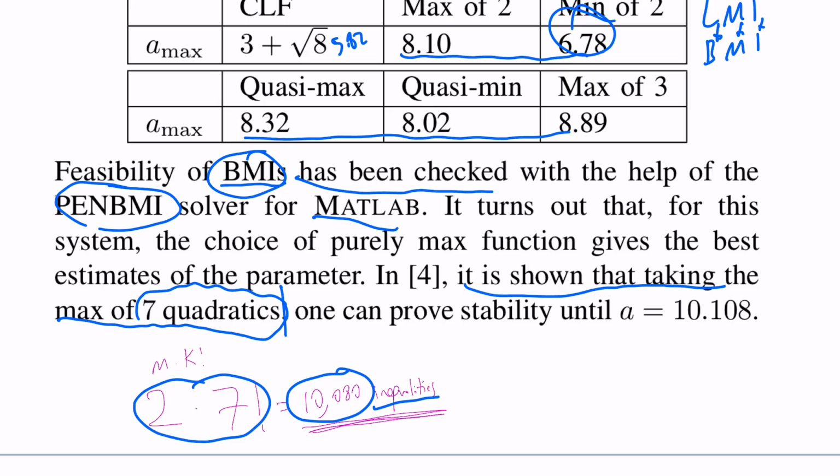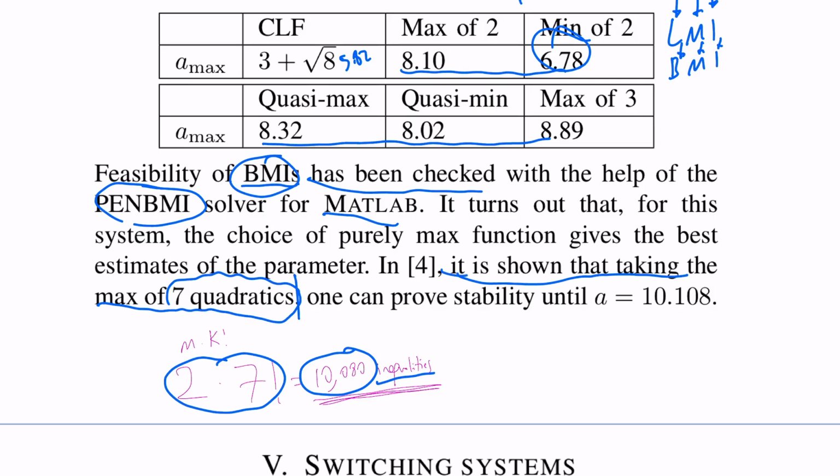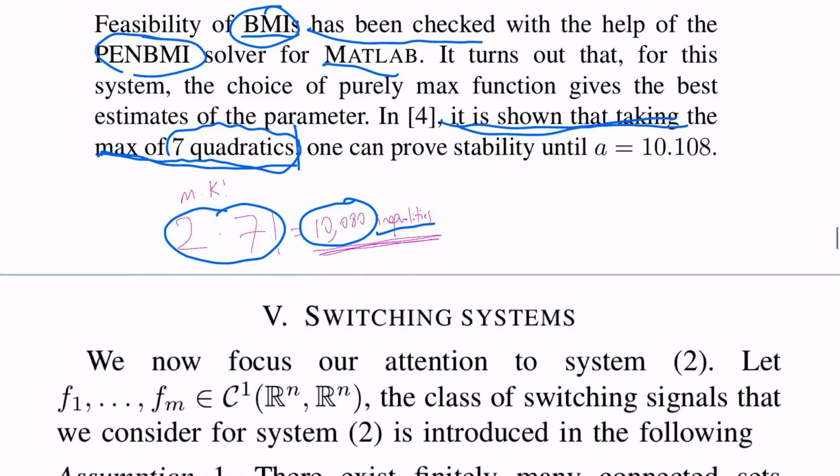Bilinear matrix inequalities, and if you know something about SDPs, they're not as scalable as your LPs, linear programs, would be. So yeah, if I am understanding that correctly, that was quite an undertaking.